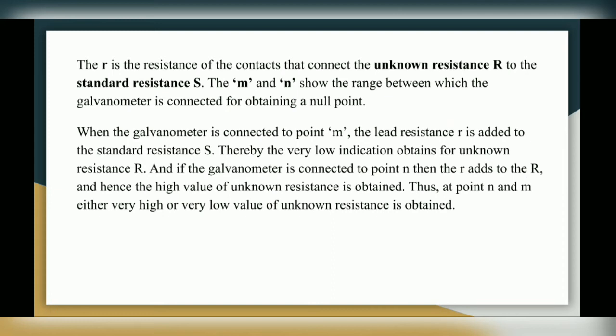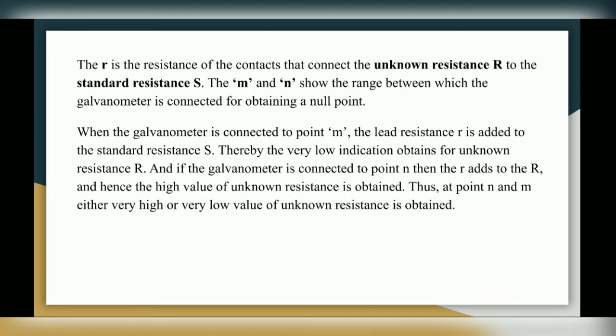M and N show the range between which the galvanometer is connected for obtaining a null point. When the galvanometer is connected to point M, the lead resistance r is added to the standard resistance S. Thereby, a very low indication is obtained for unknown resistance R, and if the galvanometer is connected to point N, then the r adds to the R, and hence a high value of unknown resistance is obtained.